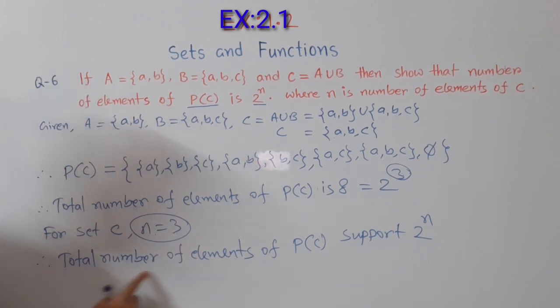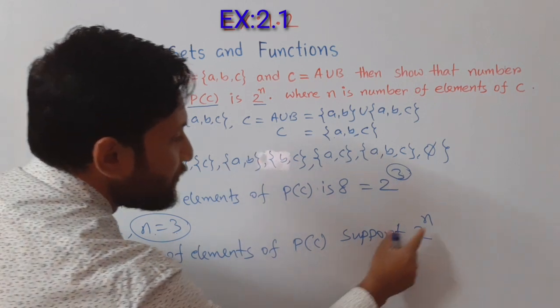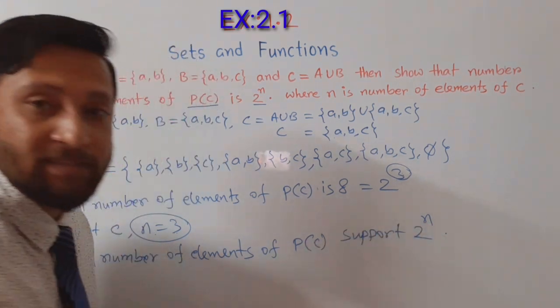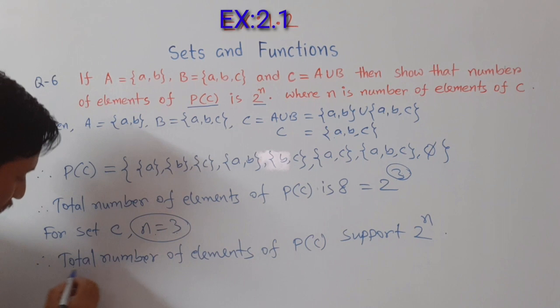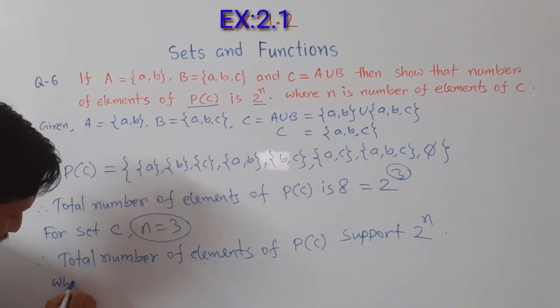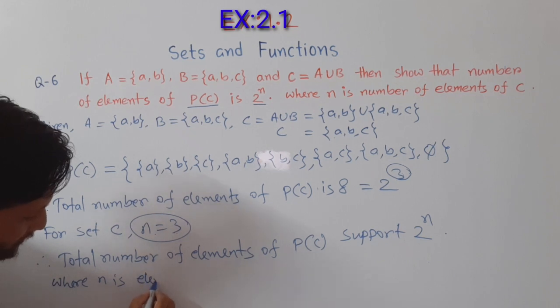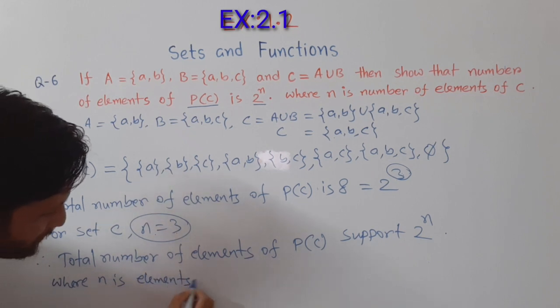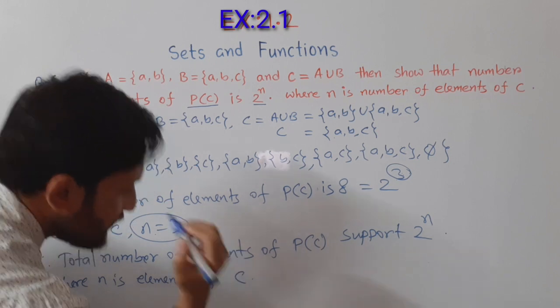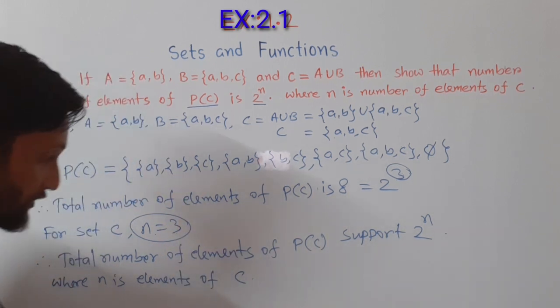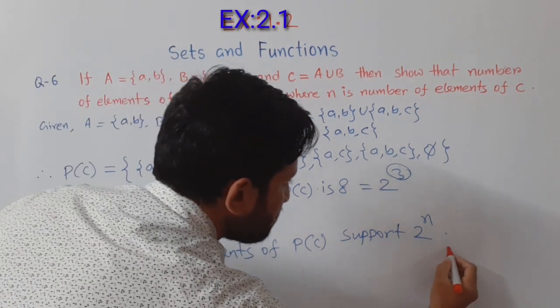So we can say the total number of elements of P(C) is 2 to the power n, where n is the number of elements of C. I hope everybody is clear.